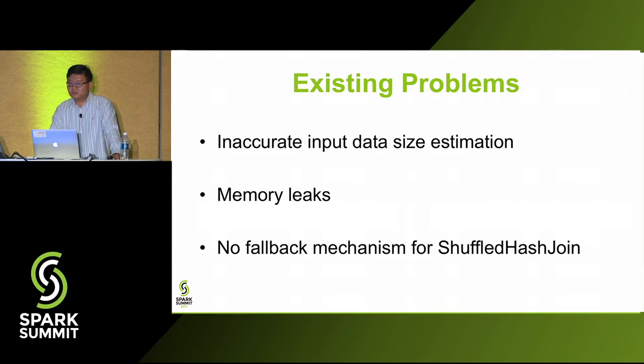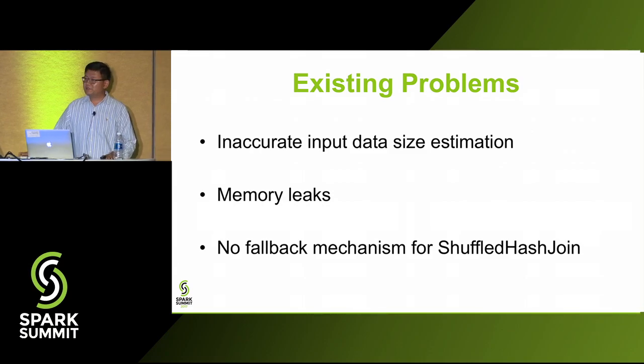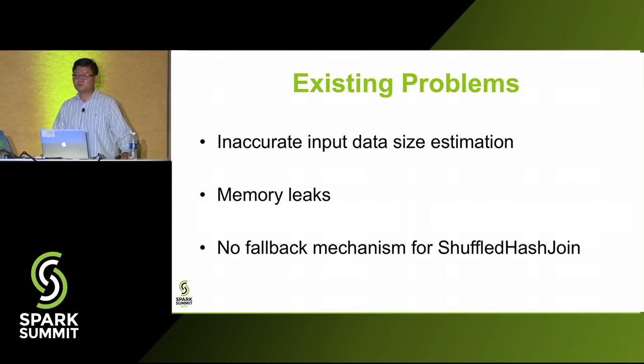The table is huge, but the input data is typically based on some daily partition. The whole table size may be 100x or even 1000x of the real partition data, and that partition data is the real input size. If we don't do anything, in our production we didn't see any advanced join strategy.